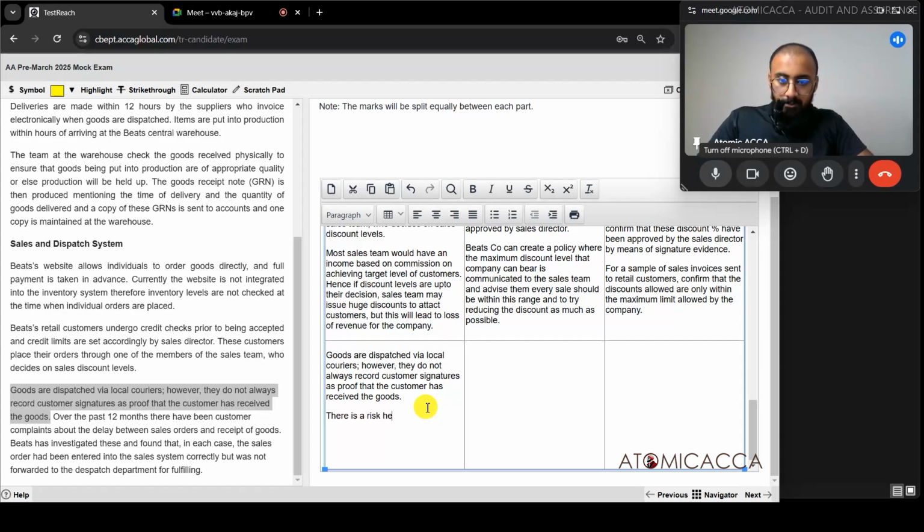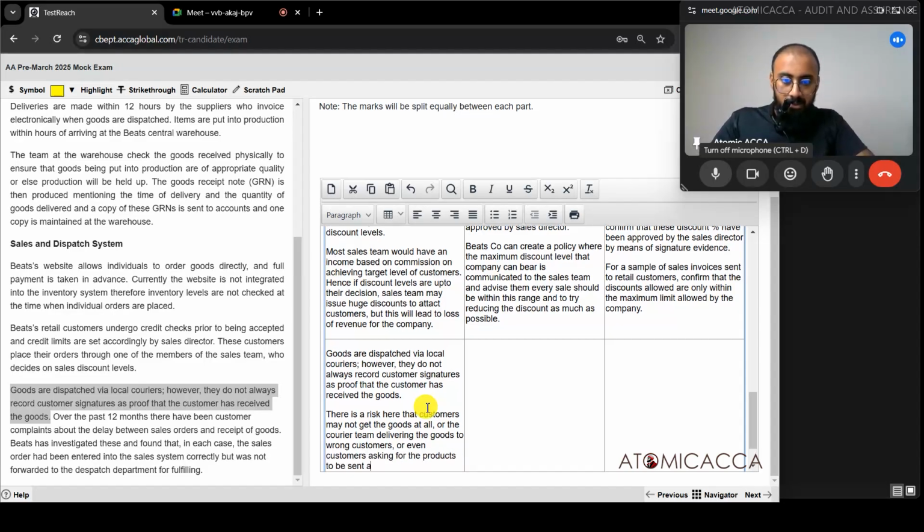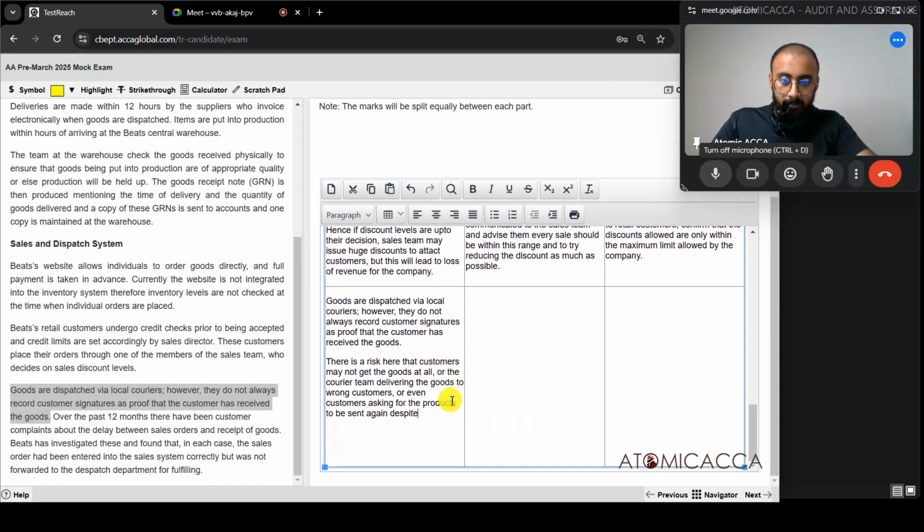There is a risk here that customers may not get the goods at all, or the courier team may deliver the goods to wrong customers, or even customers may ask for the products to be sent again despite already receiving them.